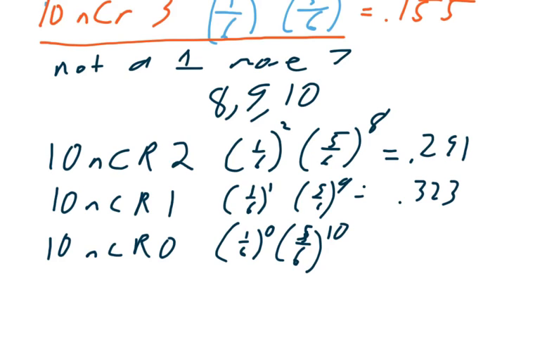That's 5/6 to the 10th. So this gives us an answer of 0.161. And then we're going to add these 3 numbers together because they are disjoint, to tell us that it would happen 0.775, or 77.5%, of the time.